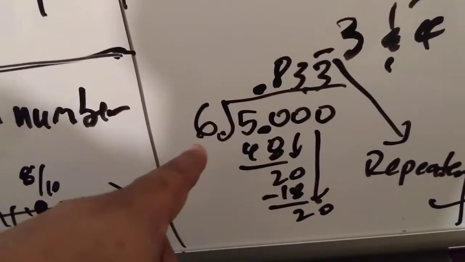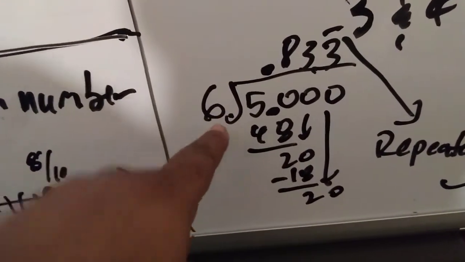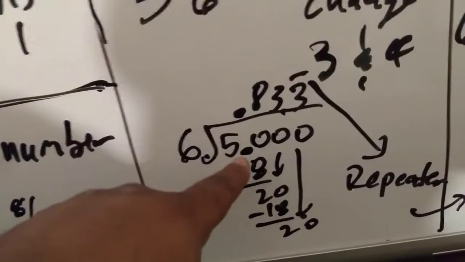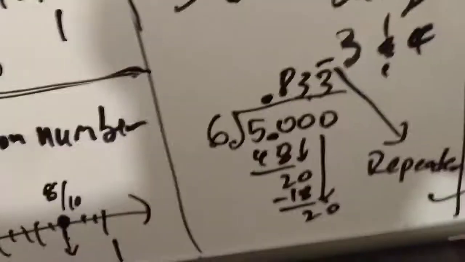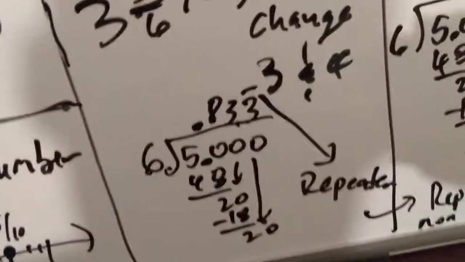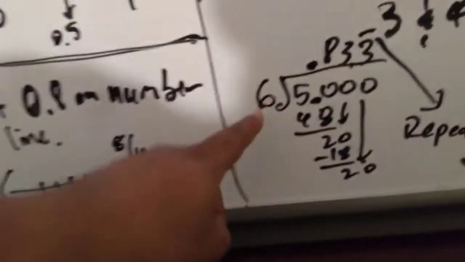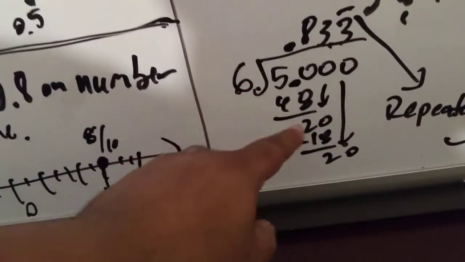So you know how this works. Remember we talked about it in decimal division. You need the decimal point to be all the way over here. It already is. So you're just lining up the decimal on the 5 there to your quotient area like we did in dividing decimals the last segment. So, then you just do this like long division, right? 6 going into 50, 8 times 6 is 48.